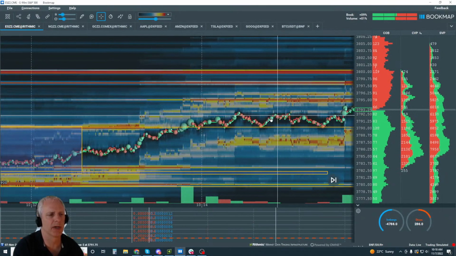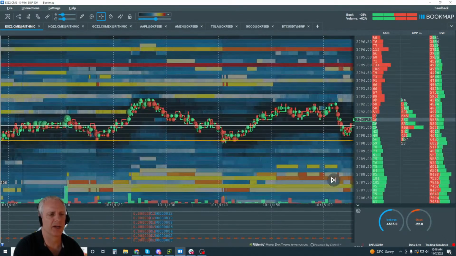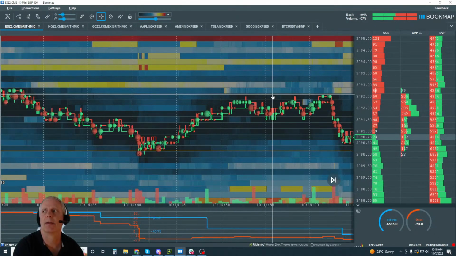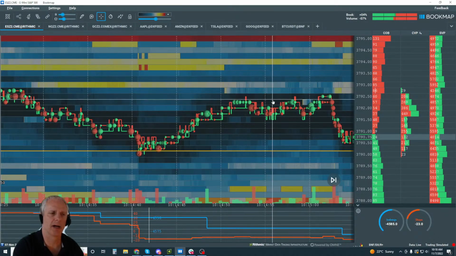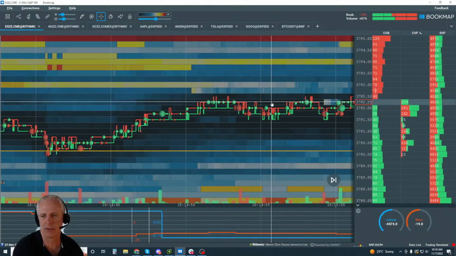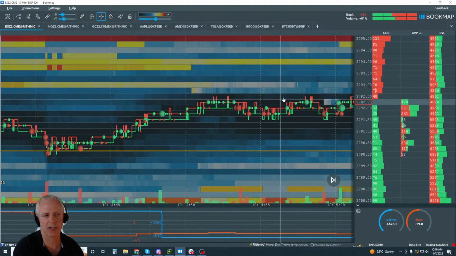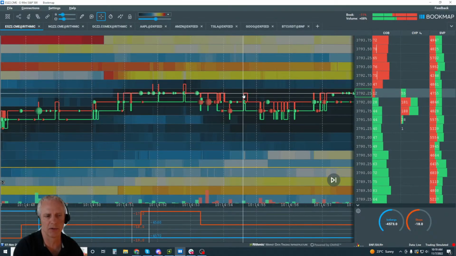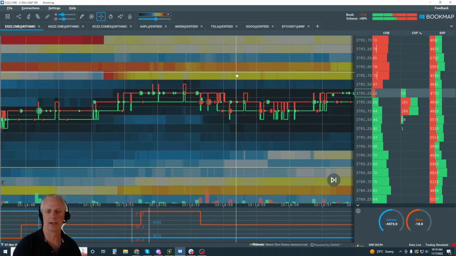Music to my ears. I was afraid that you were going to look at volume profile as your foundation, and I would really dissuade you from that, using anything as your foundation except for understanding the microstructure and then extrapolating that to the higher time frame.